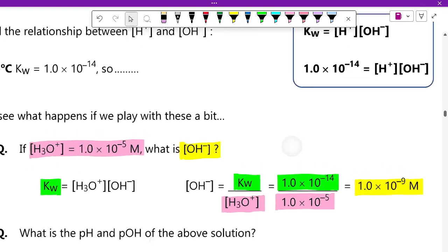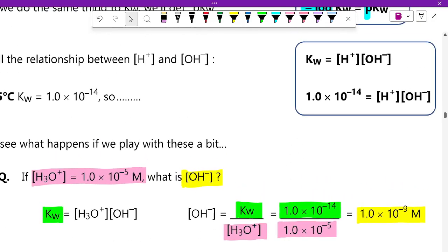Now, without hauling out your calculator and without looking at the answer, what is the pH?